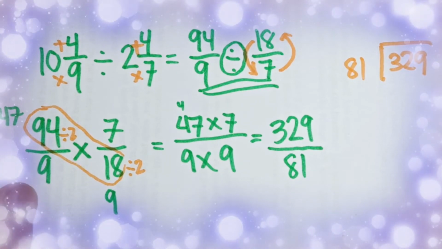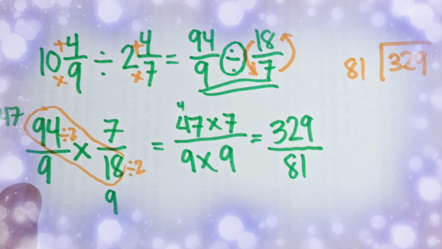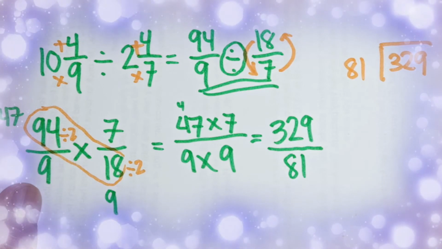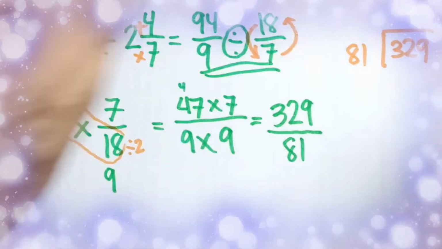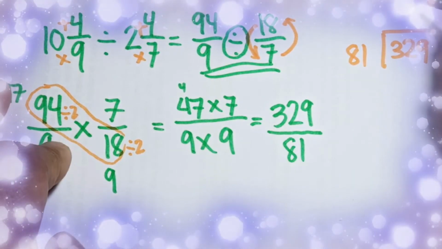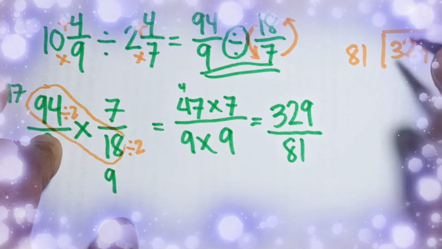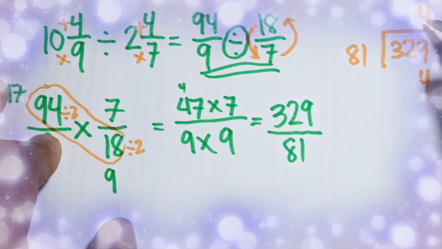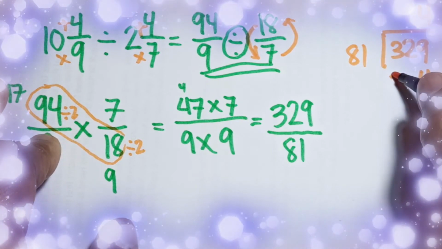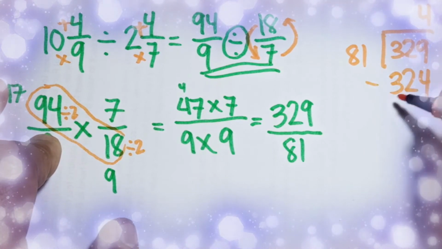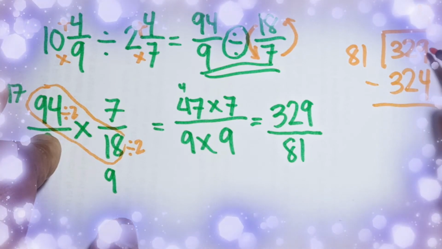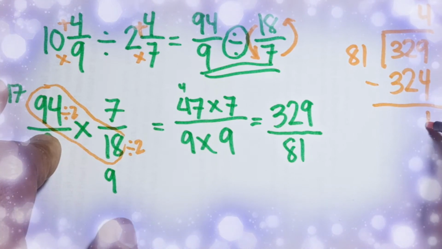So how many 81 can you make from 329? Okay, so we can make 4. 4 times 1 is 4. 4 times 8 is 32. And then minus: 9 minus 4 is 5.